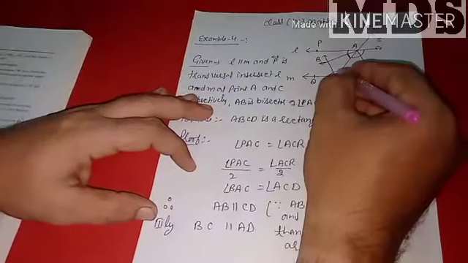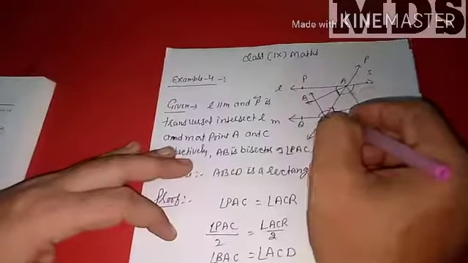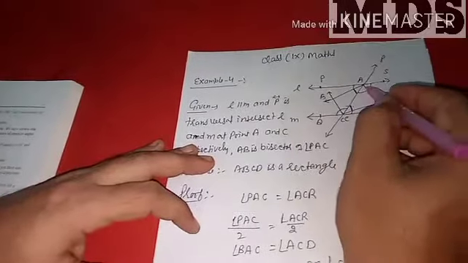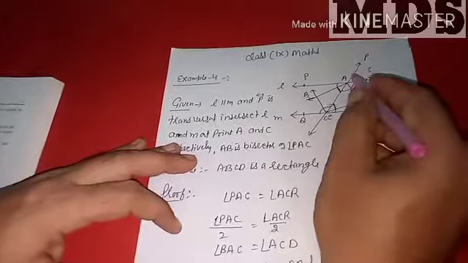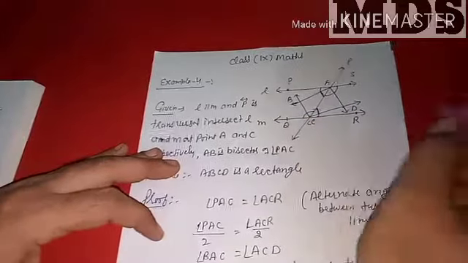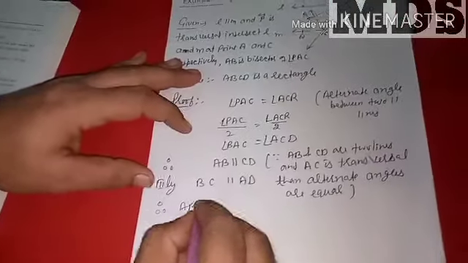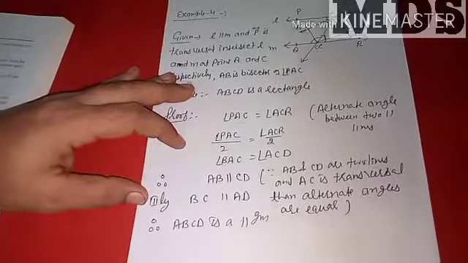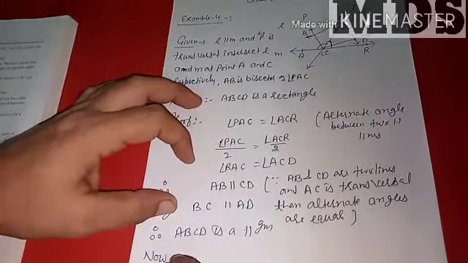This complete angle is equal to this complete angle, so half angle BCA is equal to DAC. Again, these alternate interior angles are equal between these two lines, and the third one is the transversal. So these are parallel. Therefore ABCD is a parallelogram. Understood?